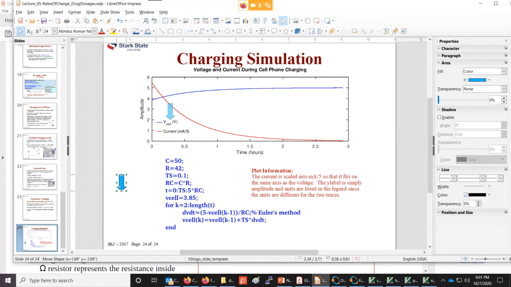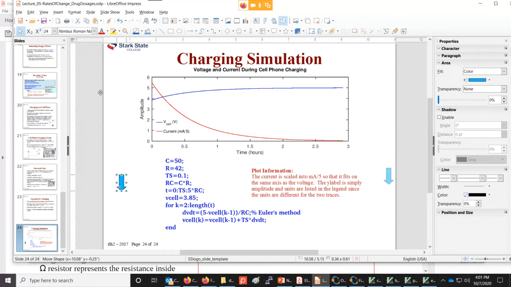And that's what I'm doing here. So I'm plotting the voltage, which is just 1, 2, 3, 4, 5, 6 volts, but the current is milliamps divided by 5. So I've scaled the current so that it would look about on par with the voltage.